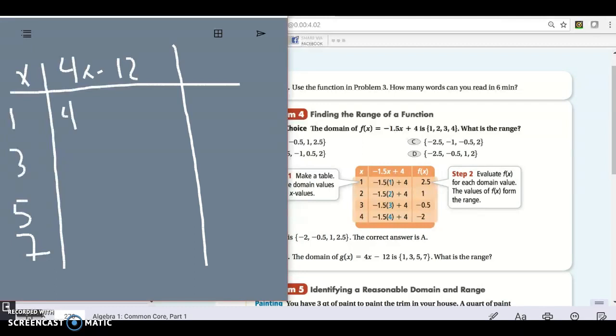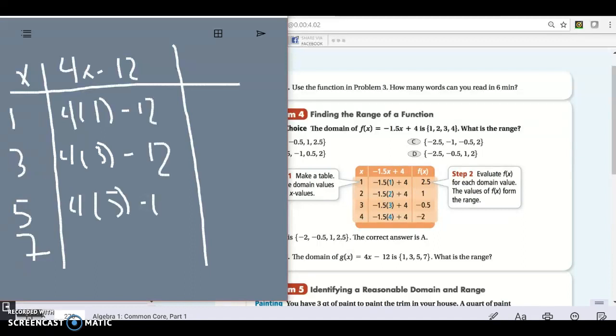So I have 4 times 1 minus 12, 4 times 3 minus 12, 4 times 5 minus 12, and 4 times 7 minus 12. All right, so this is my g of x, all right?